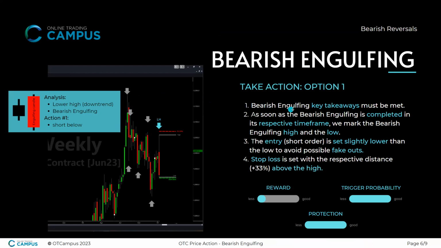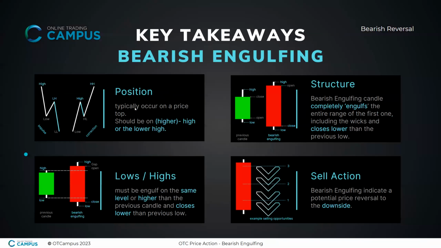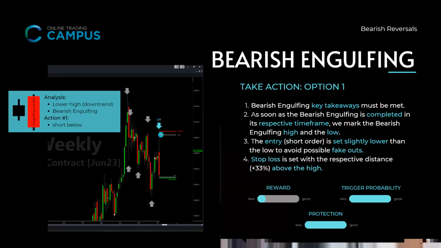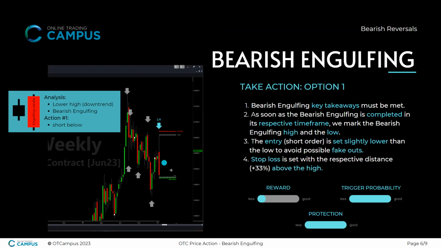Number 1, bearish engulfing key takeaways must be met. That means, remember here on our bearish engulfing, key takeaways must be met. And of course they're met. The reason is the high is higher than the previous high, the low is lower than the previous low. Very easy.